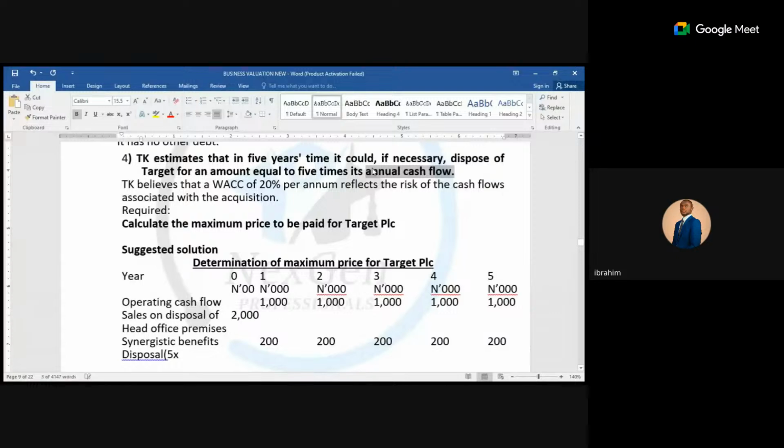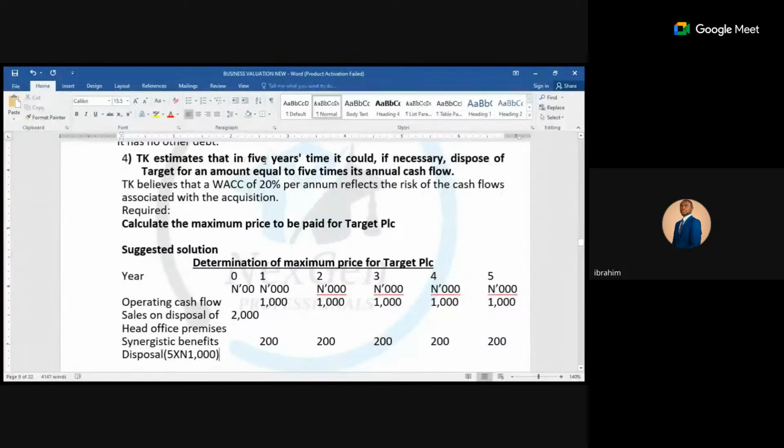Class, what is the annual cash flow? 1 million. It's 1 million.